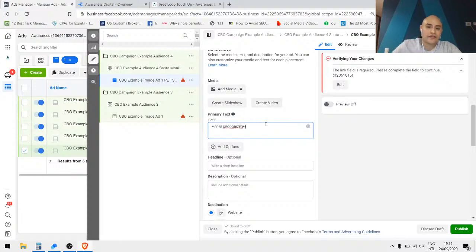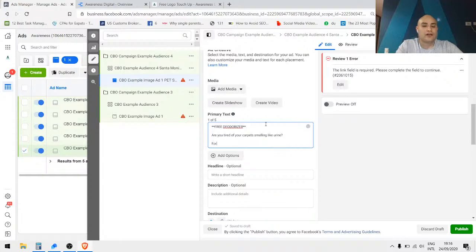Free deodorizer, and then you can say, "Do you struggle with pet stains? Are you tired of your carpets smelling like urine?" Whatever. This is dumb. I need to think about this going forward, but it's just to get the point across.